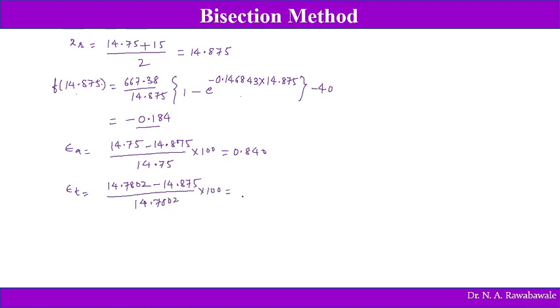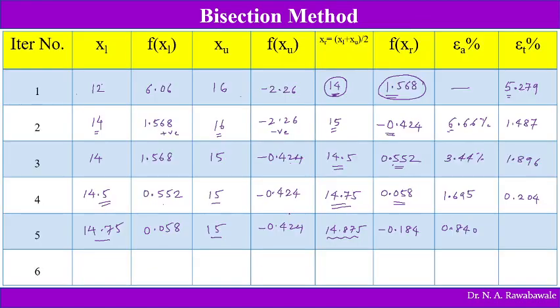So this works out as 0.641%. So true error we get as 0.641. Now this is negative.